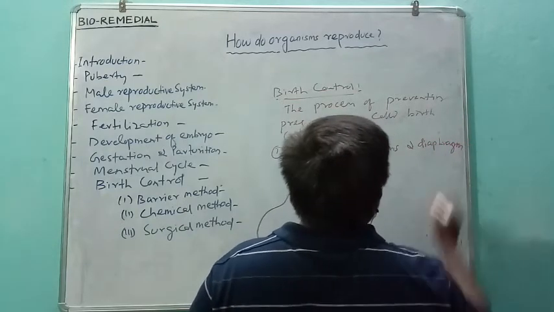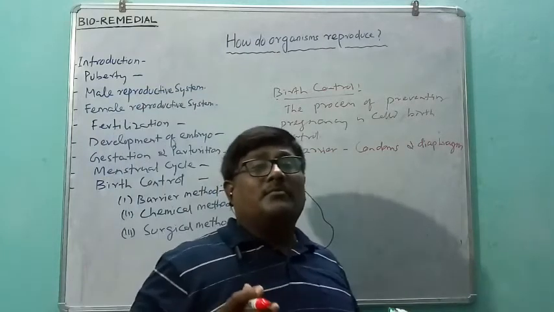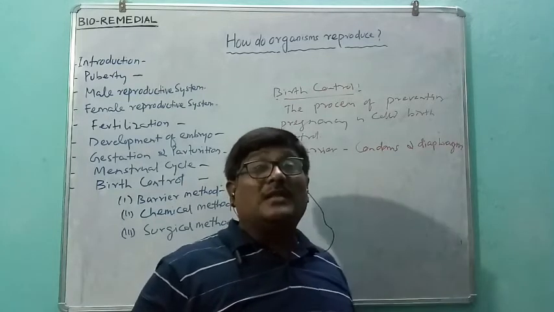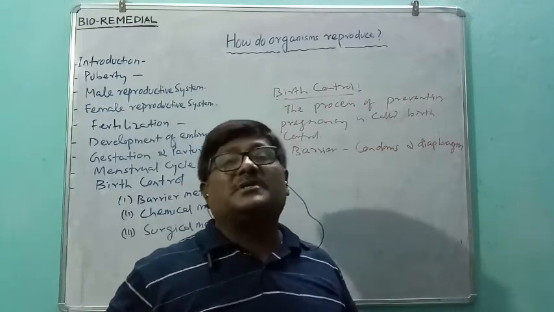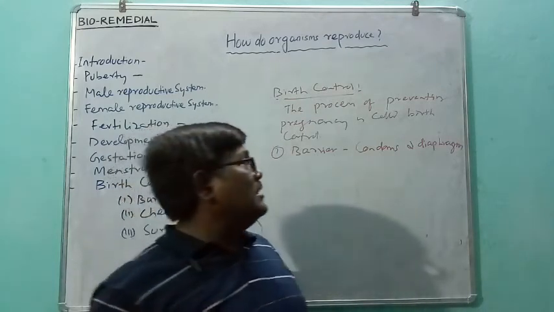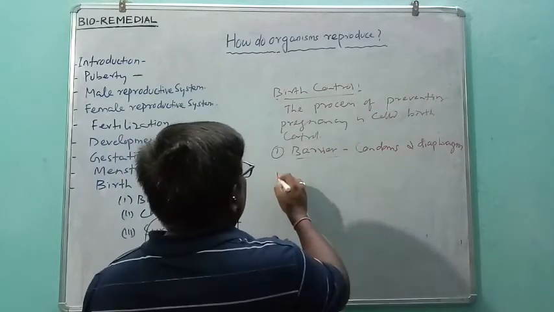These are the barriers which prevent the meeting of sperm and ovum. This also helps to prevent many types of sexually transmitted diseases. Many STDs can be prevented by barrier methods. So condoms and diaphragms are used.